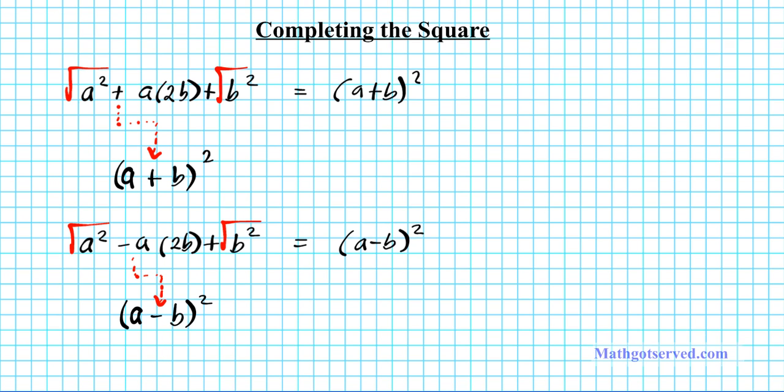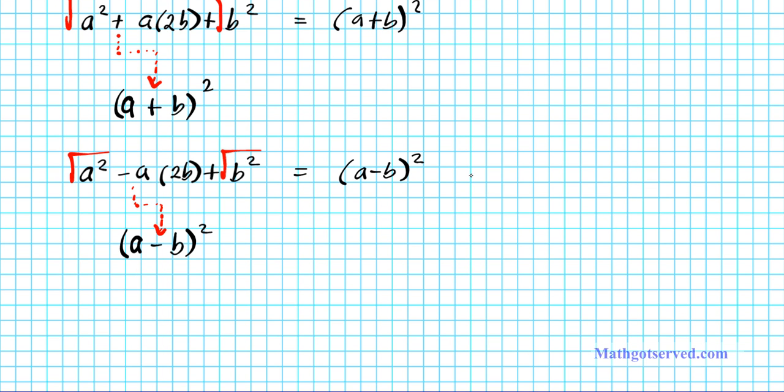Okay? So what is the whole idea of completing the square? Well, let's write this square in its incomplete form. What if you have a squared minus a times 2b, and you were asked to find the term that should be added onto this incomplete polynomial expression to make it a perfect square.